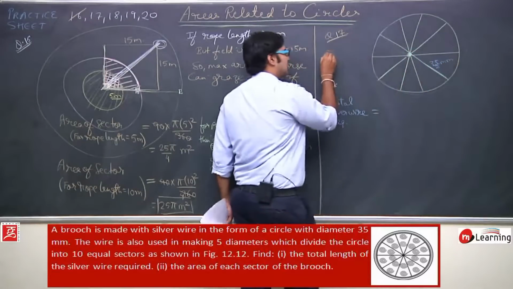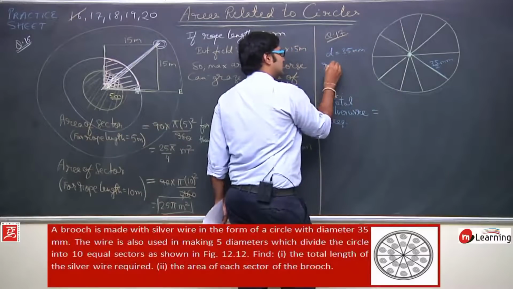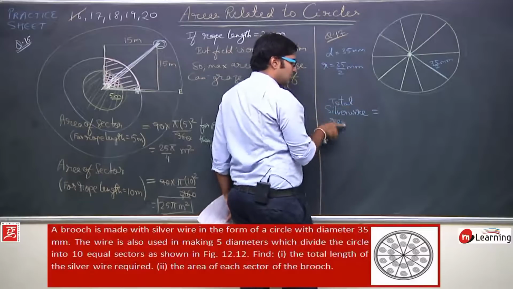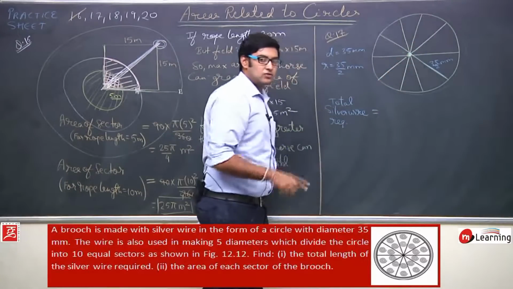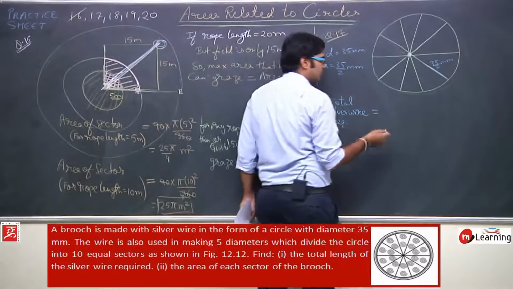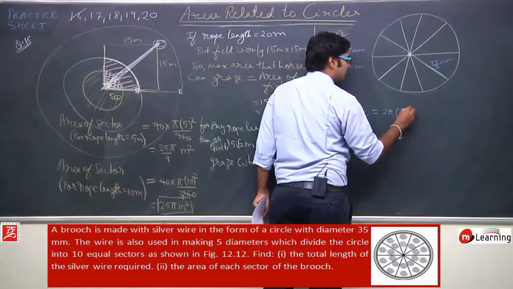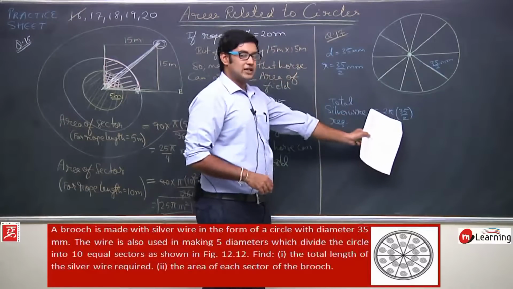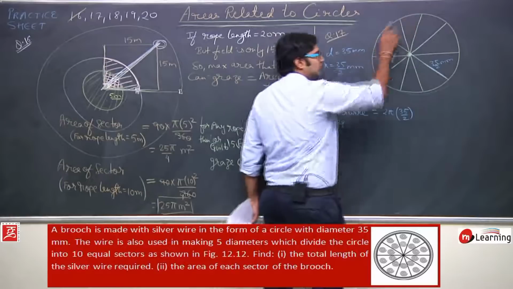Diameter is 35 mm and the radius is 35 by 2 mm. So total silver wire, the boundary of this brooch, since it's a circle, what will be the boundary? The boundary is the circumference. So it will be 2 pi into r, which is 35 by 2. So this much is the boundary of the circle. This is the circumference of the circle. This much wire is used to make the boundary.